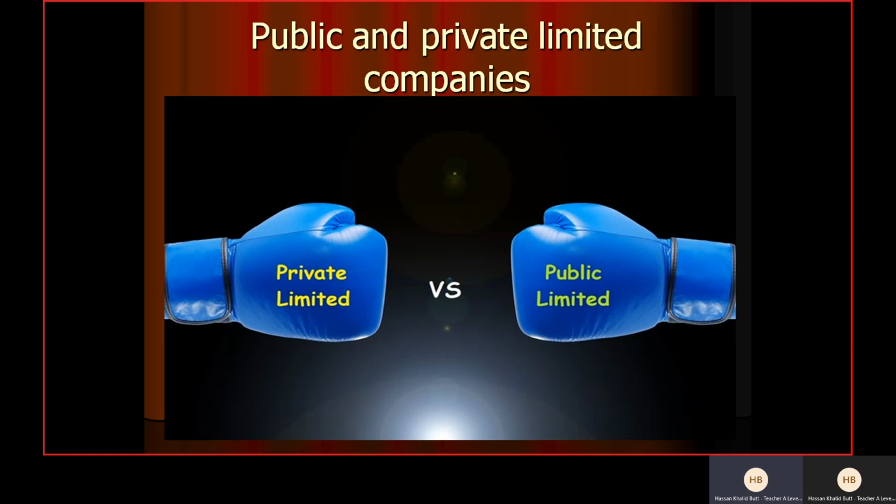Generally, there is a misconception about this term, because students feel that because the word public is there alongside public limited company, it must be operating in a public sector. And you know that when a business operates in a public sector, it means it is controlled, owned, and managed by the government. So here, in fact, it's not the case.